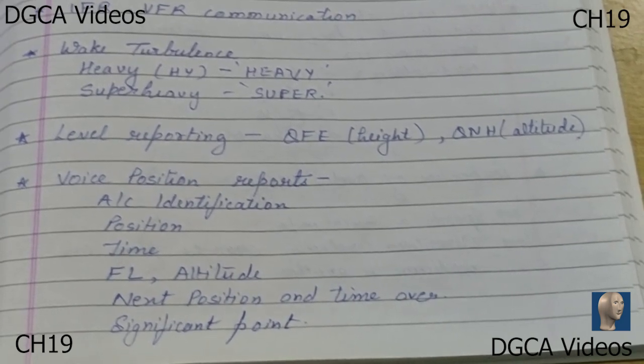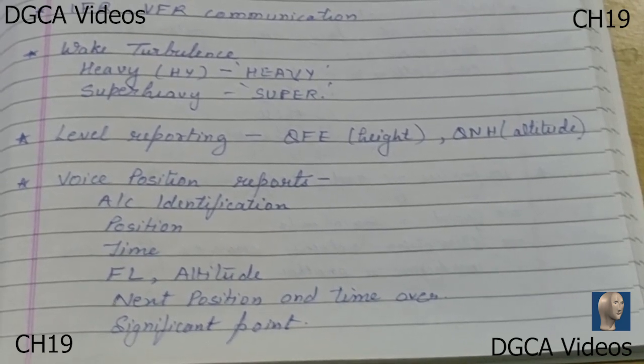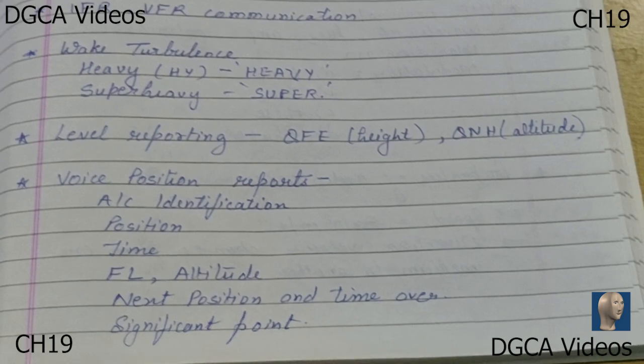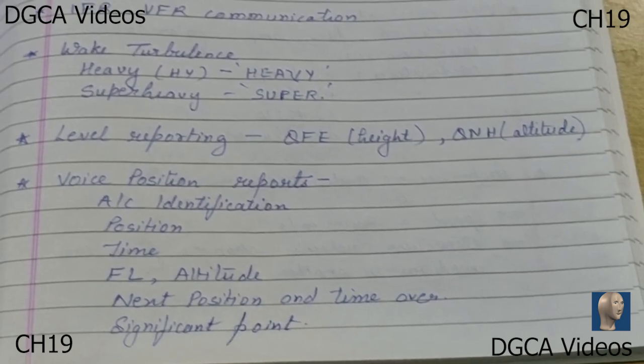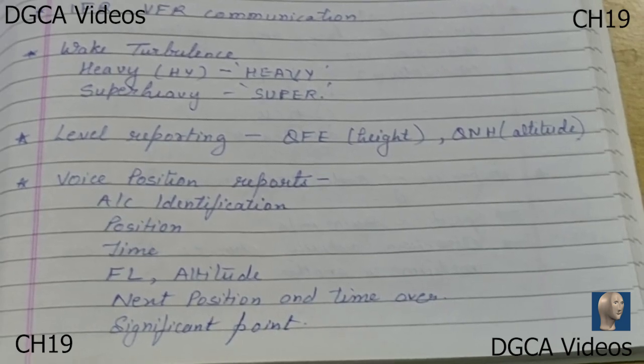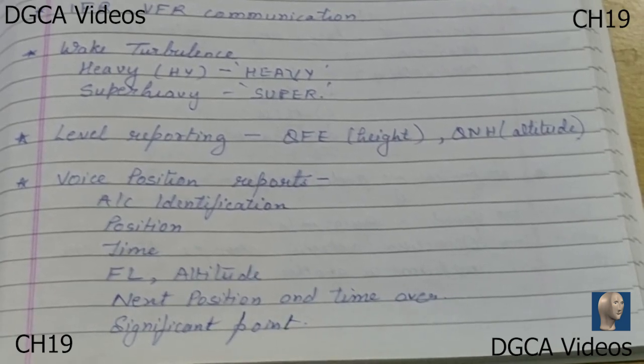Then voice position report. What all things do you have to include? You have to include the aircraft identification, the position where you are at the time when you're reporting, the flight level or altitude, the next position and the time over which you will be there, and also significant points.